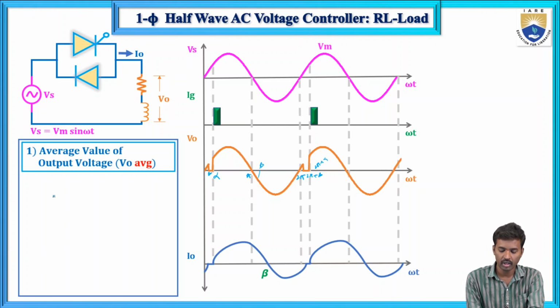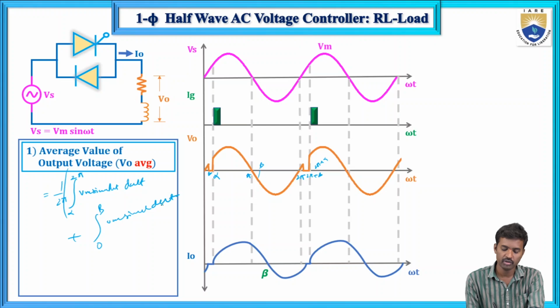So the average value is 1 by 2 pi, integral from alpha to pi of Vm sin omega t d omega t, plus from 0 to beta Vm sin omega t d omega t.